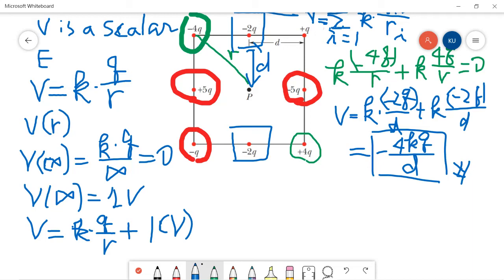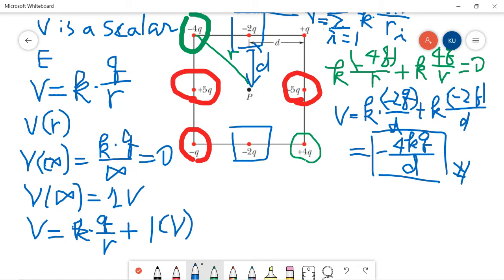Which is all right, because why we need to define the electric potential is that it's easy to calculate, and then if we can find the electric potential over the whole space, and then we take the derivative, or take the gradient in multi-dimension, then we can find the electric field.